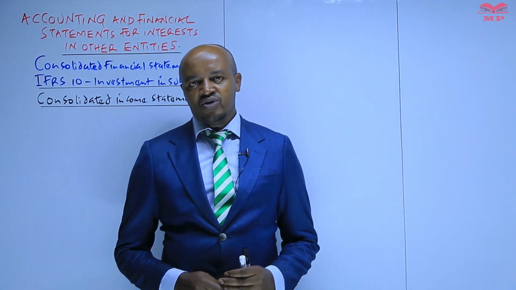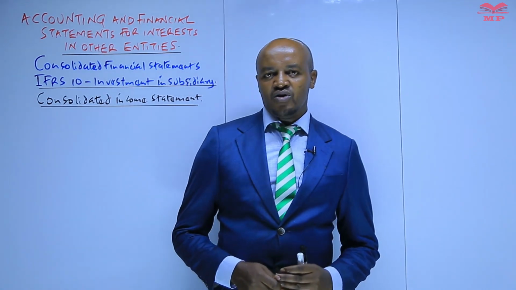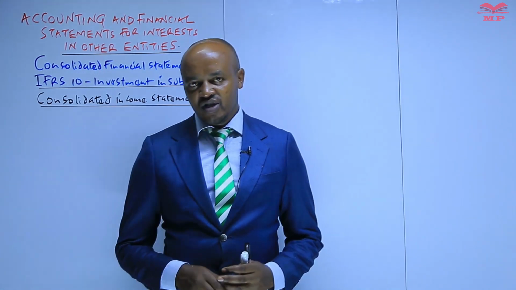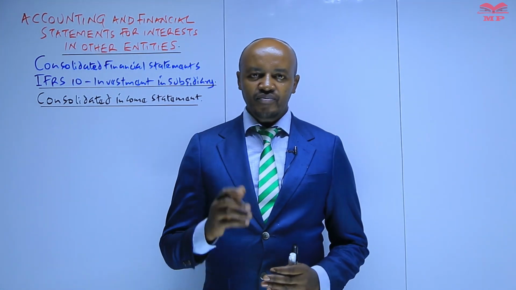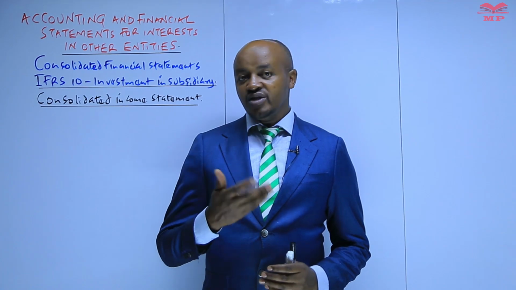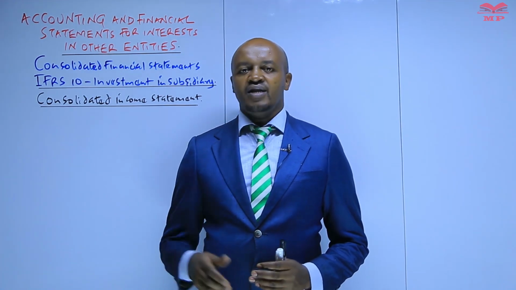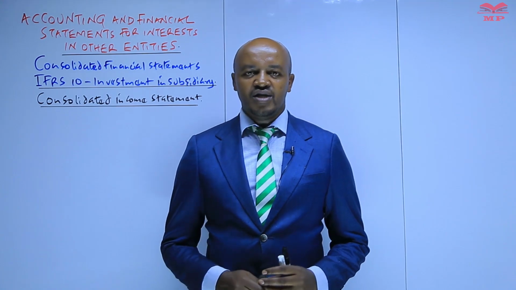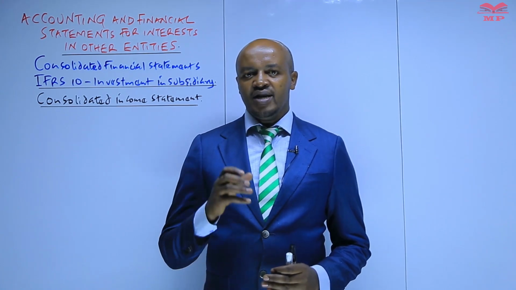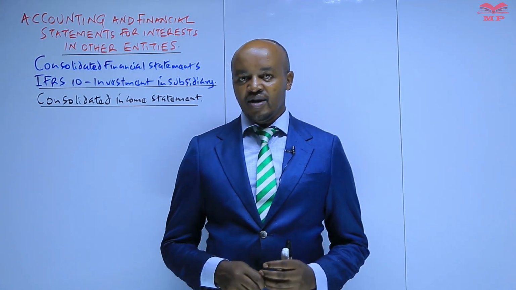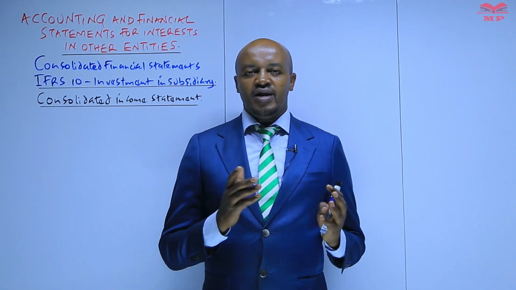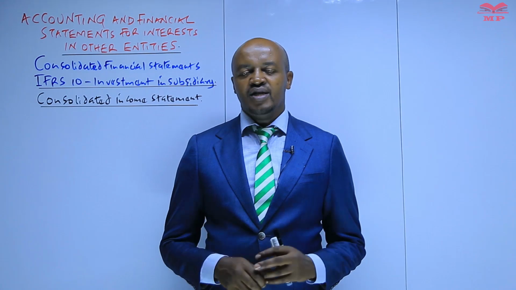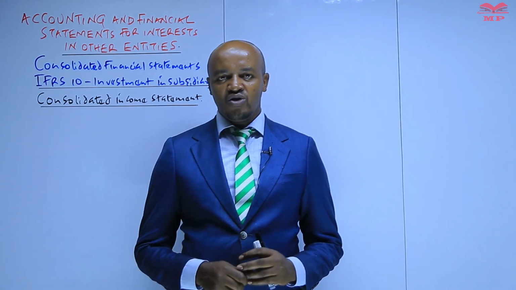So in this session, I want us to continue and look at how to prepare a consolidated income statement, or a consolidated statement of profit and loss, which is also known as the consolidated statement of comprehensive income, and equally some of the consolidation adjustments which are necessary and which you must be in a position to deal with anytime you come across a question for a consolidated statement of profit or loss.